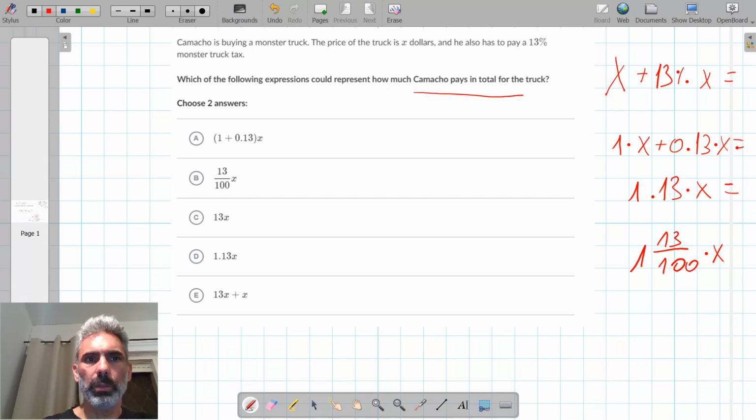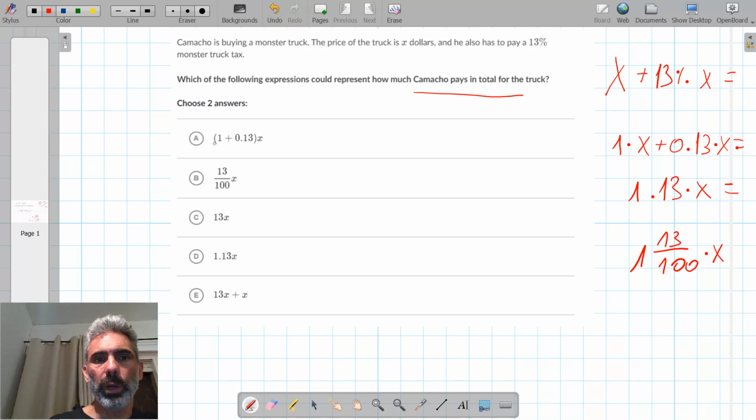So which of the following expressions could represent how much Camacho pays in total for the truck? So the X is the amount of dollars that he needs to pay for the truck itself, and another 13/100 or 0.13 or 13% for the truck tax.